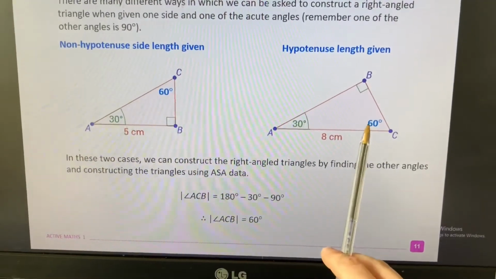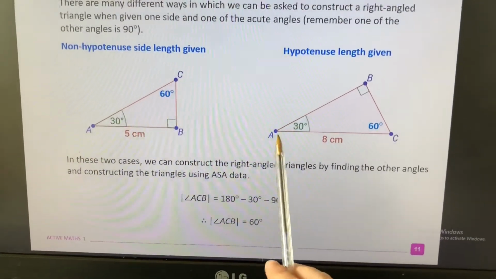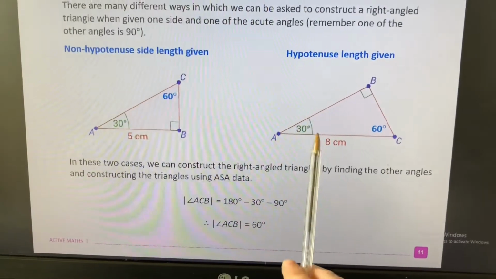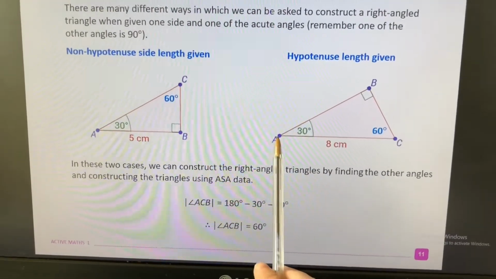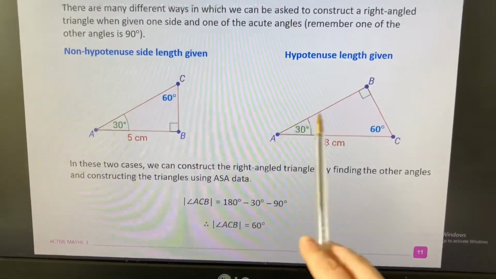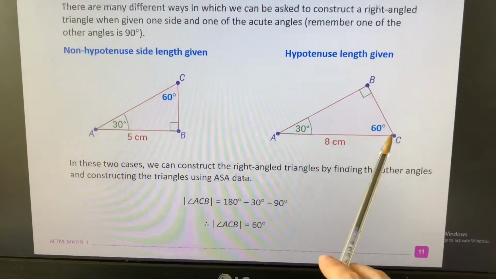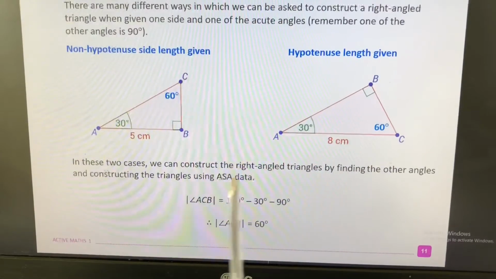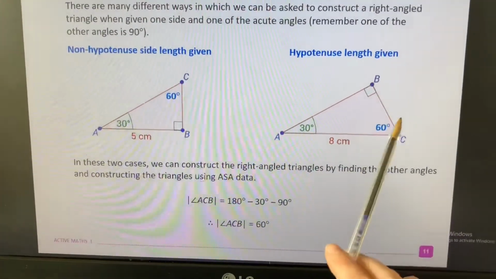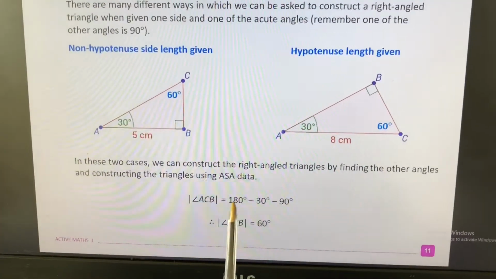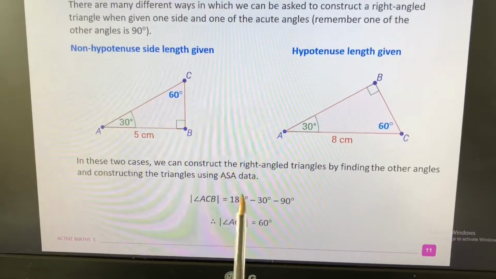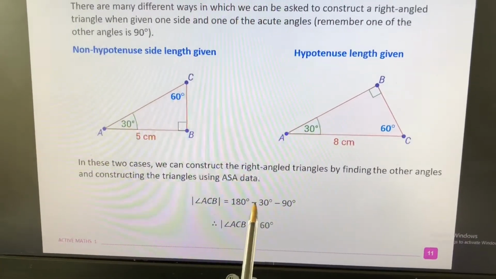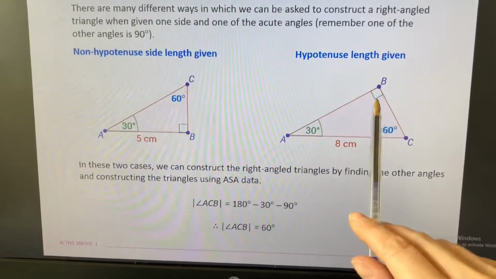For us to be able to construct this triangle, we need the base of the triangle and then the 2 angles at either end. So we can place our protractor on this end and draw 30 up, and the protractor on this end, and we've calculated that the missing angle ACB, so the angle that sits here at C, is the total number of degrees for a triangle, 180, minus the 2 angles that we've already been given.